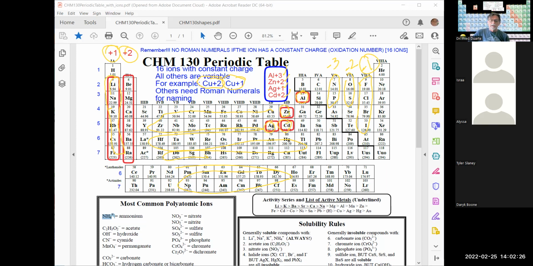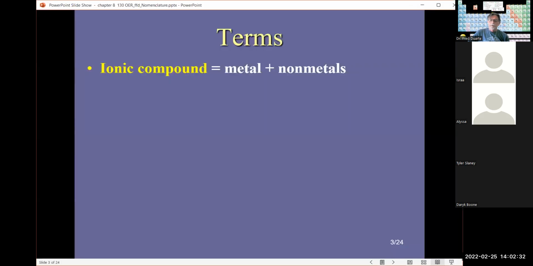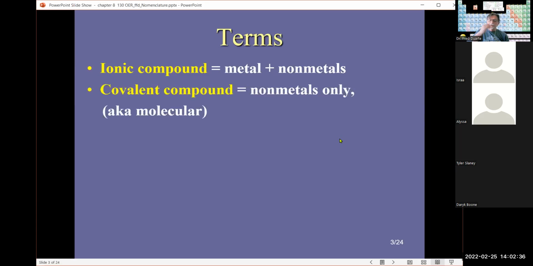All right, let's go back to the compound. Okay, so as a refresher, covalent compounds are nonmetals only. Now, the thing about nomenclature when it comes to ionic compounds and covalent compounds, put this in long-term memory.